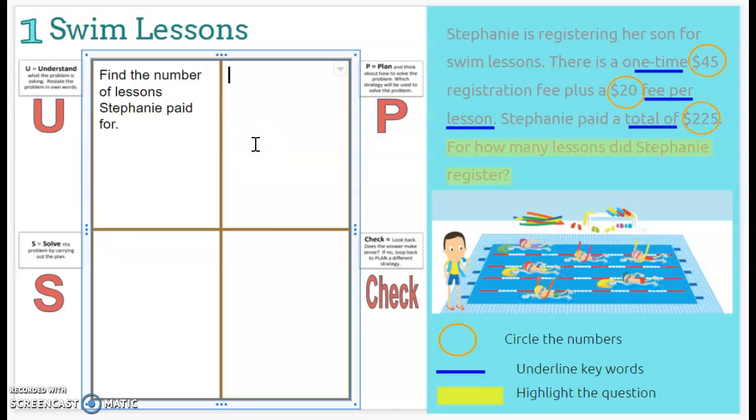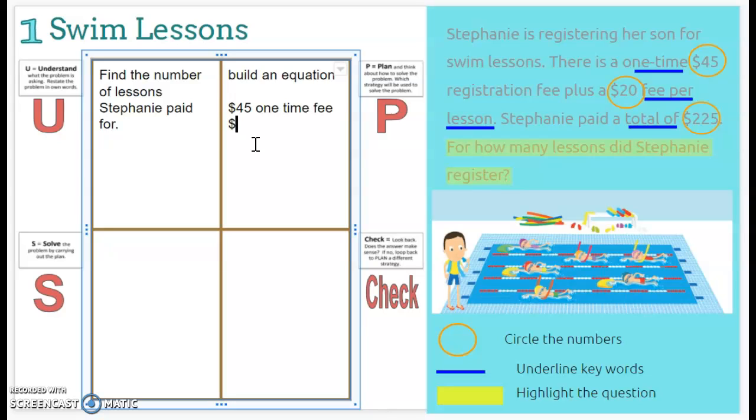Our plan, we need to plan and think about how to solve the problem, which strategies to use to solve the problem. So the strategy I'm going to use, I'm going to build an equation. I have the 45 registration fee or one-time fee.